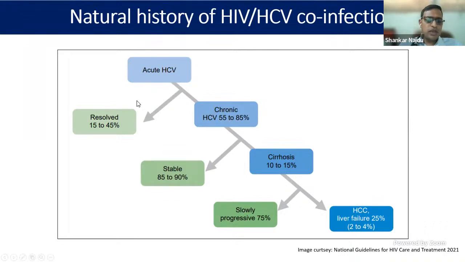Self-resolution of acute hepatitis C happens in only about 15 to 40% of these patients, and the majority develop a chronic hepatitis C infection, out of which most would have a stable disease, whereas 10 to 15% will develop cirrhosis over a period of time. And among those patients who develop cirrhosis, nearly 25% will rapidly progress to hepatocellular carcinoma or decompensated liver disease, which accounts for about 2 to 4% of the overall patients who have had an acute hepatitis C infection.